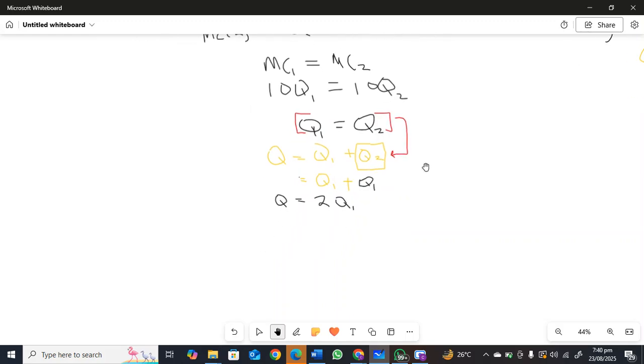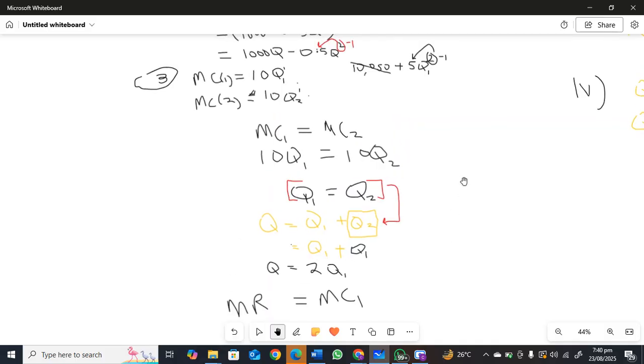Remember, the point of profit maximization is where marginal revenue equals marginal cost. So we'll say MR equals MC1.